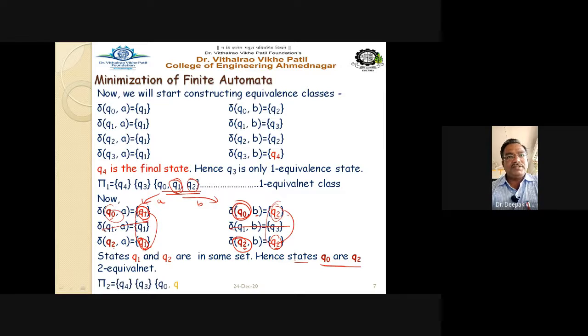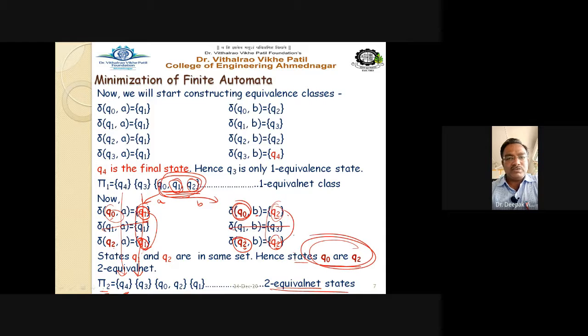Therefore, what we have written here, see it here, is pi 2, the second equivalent class. And how is it written? Q4 is as it is right here. Q3 is as it is from pi 1, and now Q0, Q1 and Q2. This particular set is now divided, and what have we separated out? We have separated out the Q0 and Q2 states.